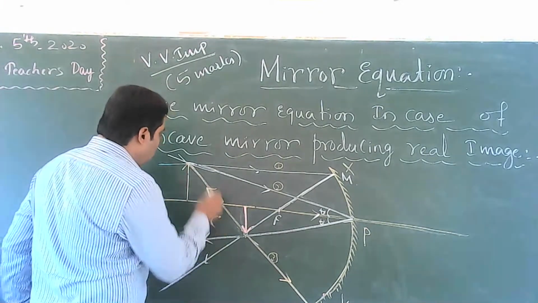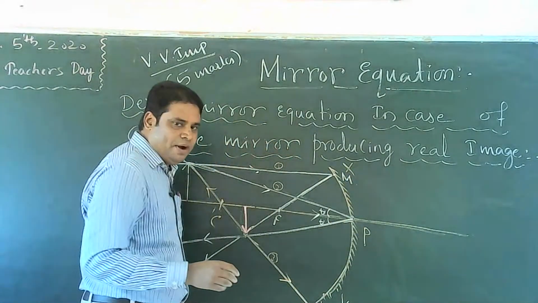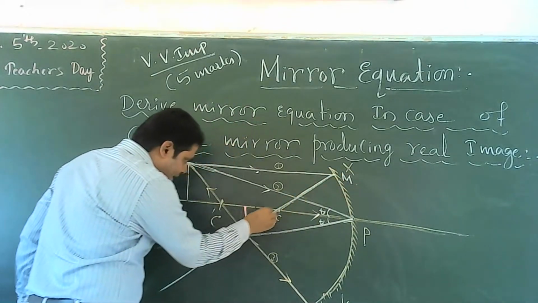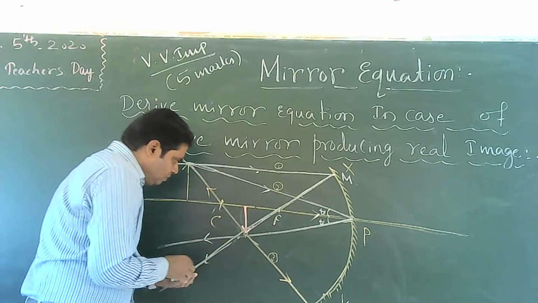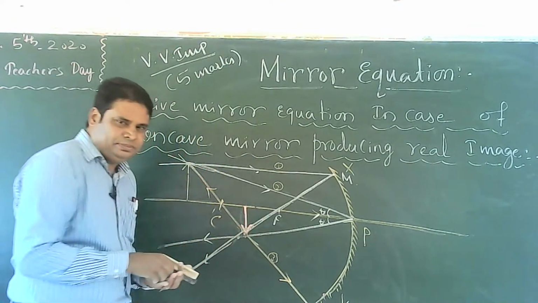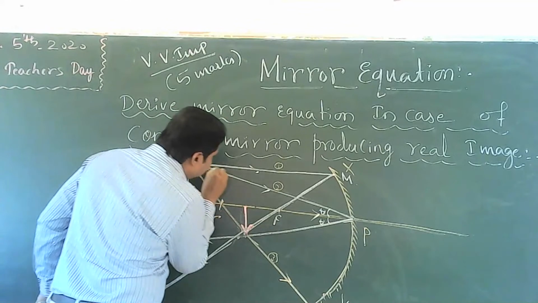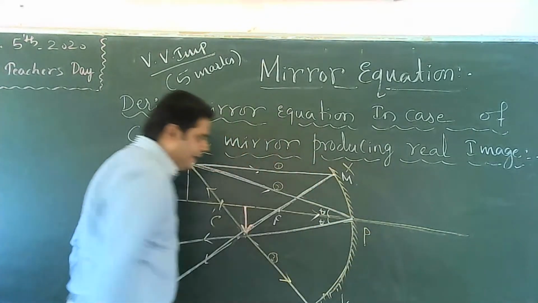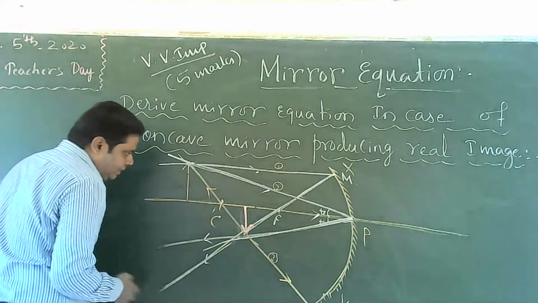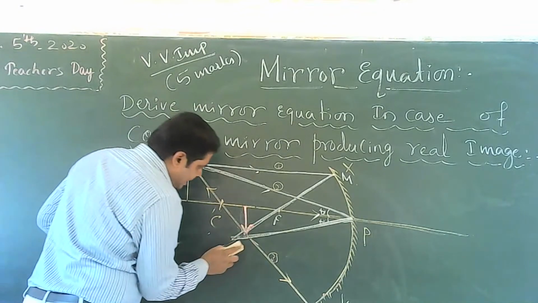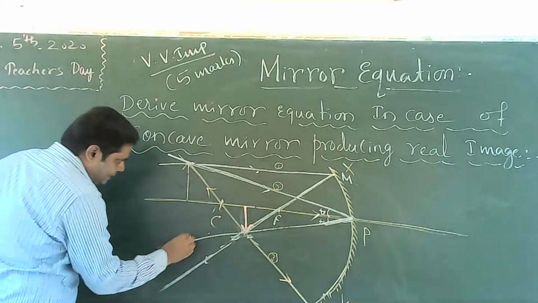The first ray is incident at point M and it is passing through F. With a scale it's much easier. The second ray we have to consider is a ray incident at P. After reflection, it will pass to the same point.